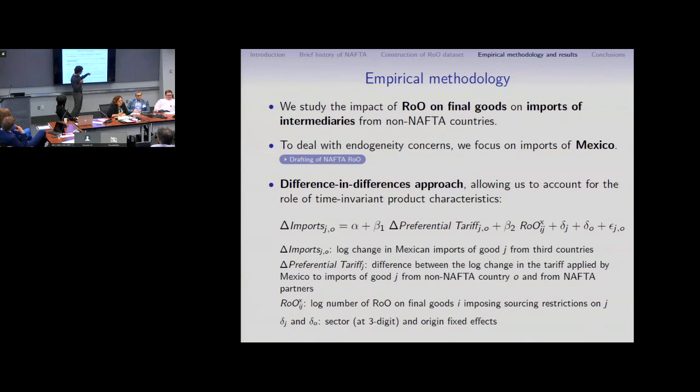Then we introduce our variable, which measures for a particular intermediate good J how many final goods are linked to it through rules of origin. We expect this coefficient to be negative, and we also expect the rules of origin coefficient to be negative. On top of that, we control for trends at the industry level, at the 3-digit level, and we also introduce fixed effects that control for unobservables at the origin level.